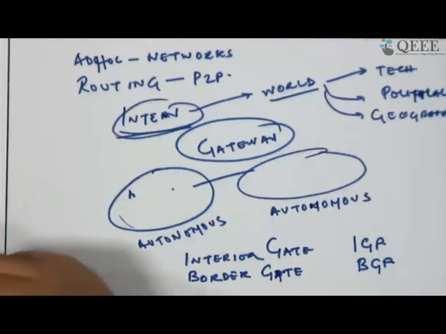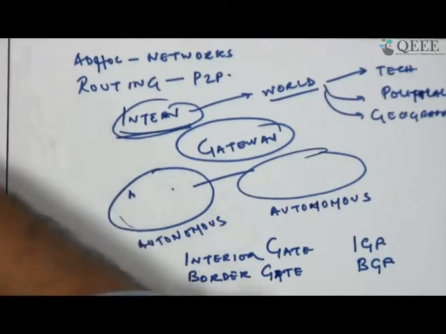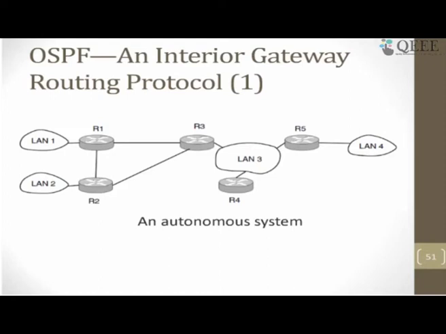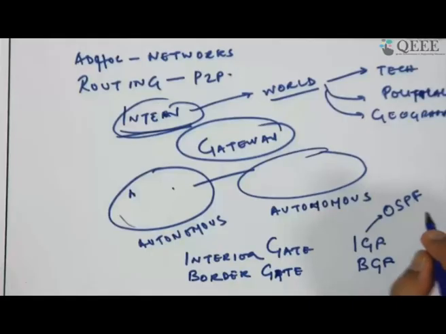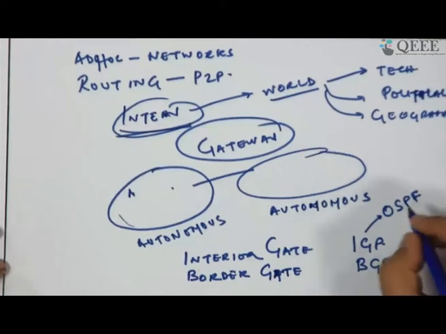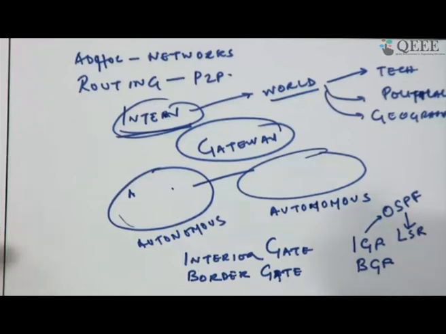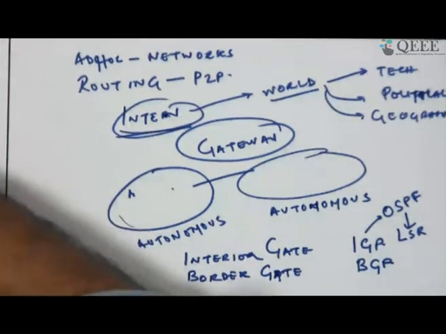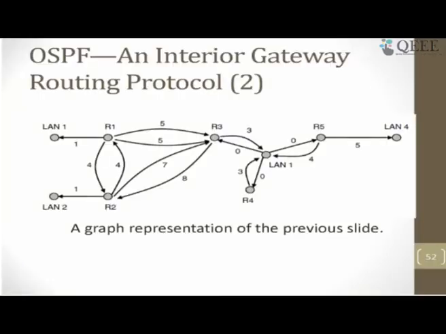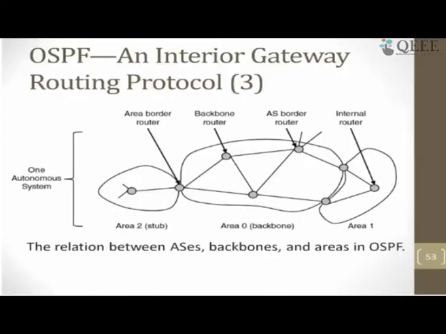The basic algorithm of the interior gateway protocol is OSPF. And what is OSPF? I have told you just before: OSPF is link state routing at its core.